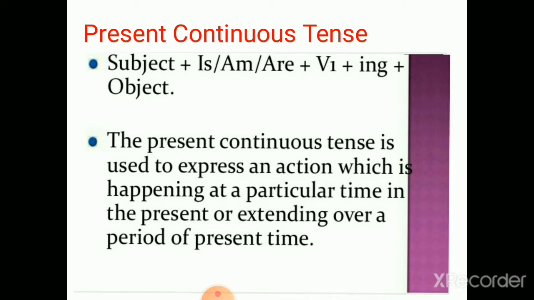And why do we use present continuous tense, why are we in need of continuous? It means continuous tenses show that some action is still in progress, and it is used to express an action which is happening at a particular time in the present or extending over a period of present time.